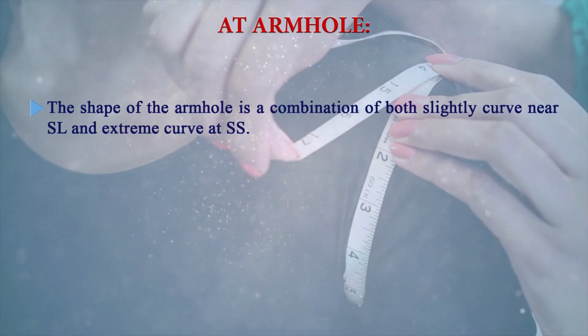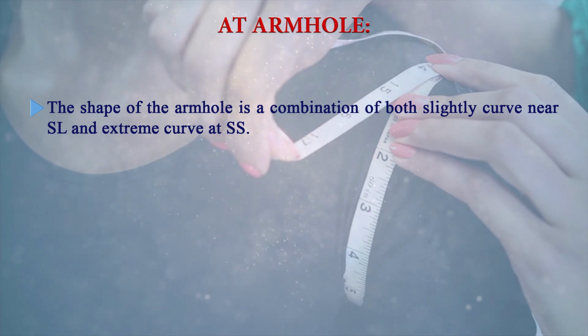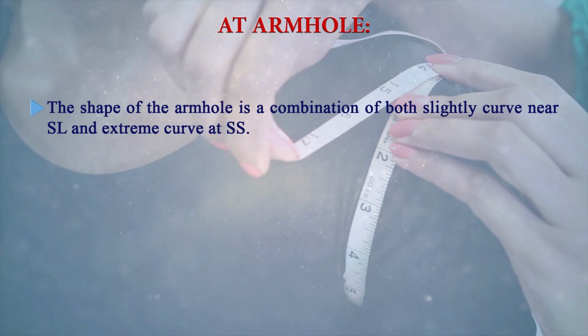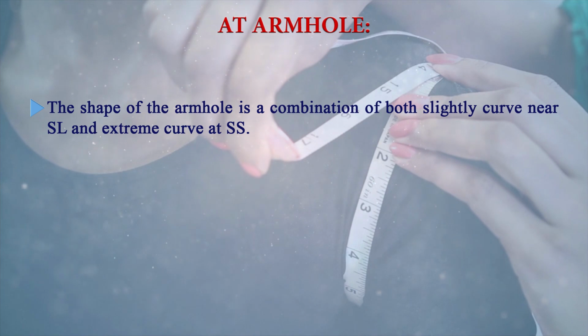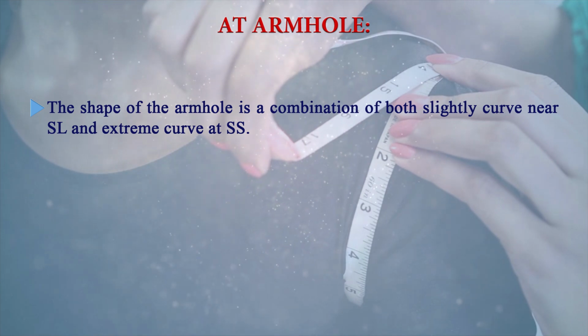Then at the armhole we use the French curve. The shape of the armhole is a combination of both slightly curved and extremely curved. Like at the seam line it is a little bit curved, and at the seam side it is an extreme curve.